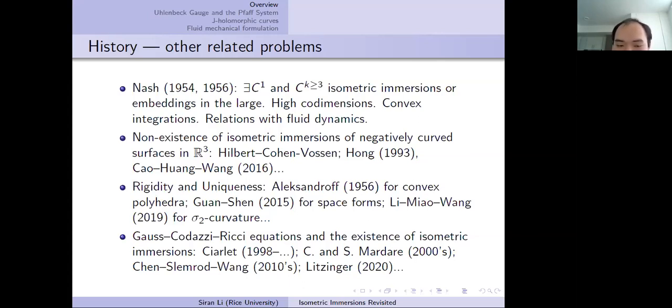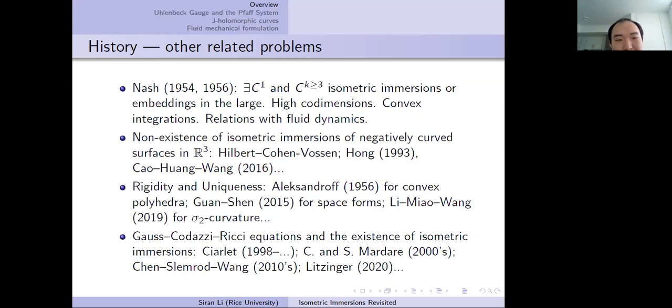And also, Chen, Slemrod, and Wang use a fluid mechanical formulation. And also recently, Florian Littinger talked about the optimal regularity case for isometric embedding of a surface into R3, for the Gauss-Codazzi-Ricci equations.